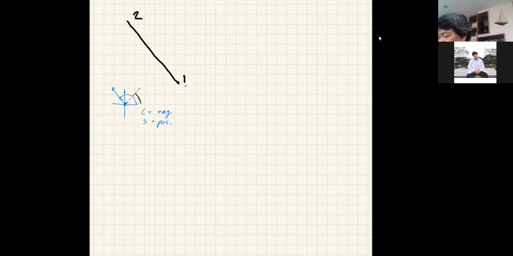For member number 2, when this becomes the angle, you can use this one, but you have to be mindful of the sign convention. So for this, cosine becomes minus 3/5, and sine is 4/5.